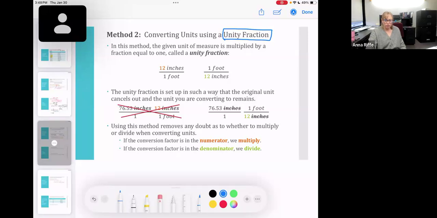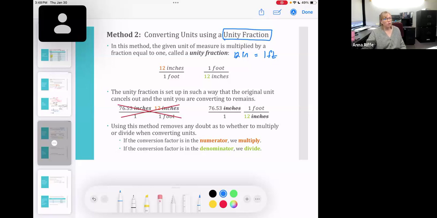For example, that conversion factor, 12 inches is equal to 1 foot. So using that conversion factor, we can form 2 different fractions. So we can make this a vertical conversion factor.